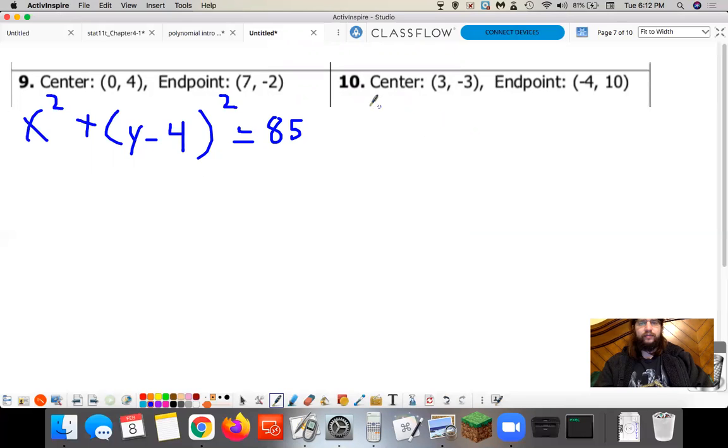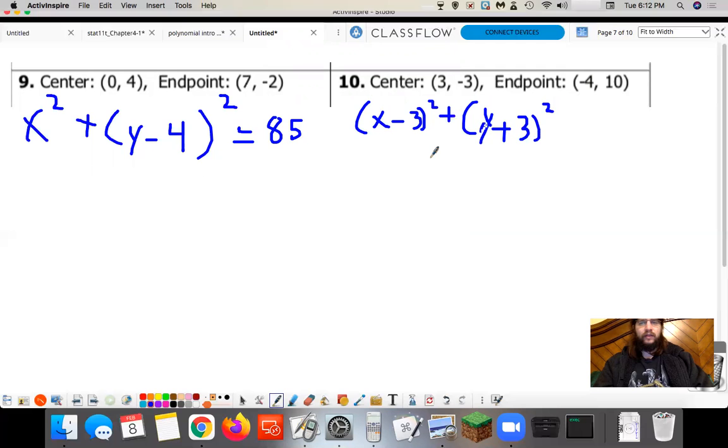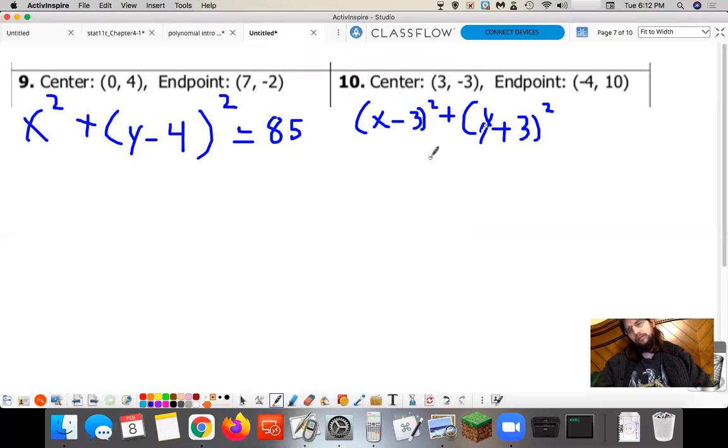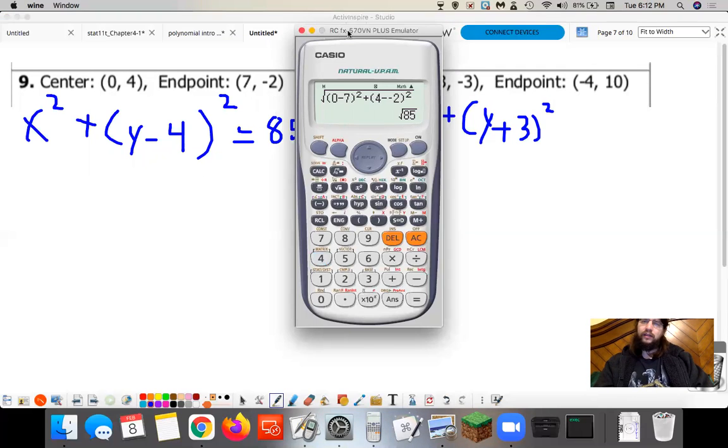And same thing here. (x minus 3), (y plus 3), and then let's see what that spits out.